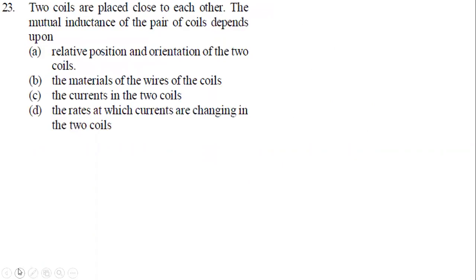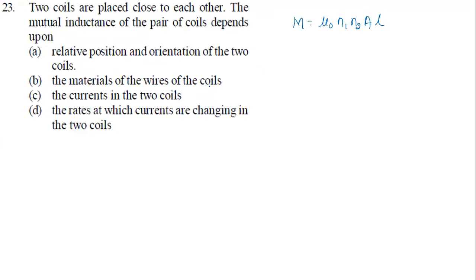Yes. Now look at question number 23. Two coils are placed close to each other. The mutual inductance of the pair of coils depends on what? Mutual inductance M, what is the formula? Mu naught N1 N2 area of the smaller coil multiplied by length.